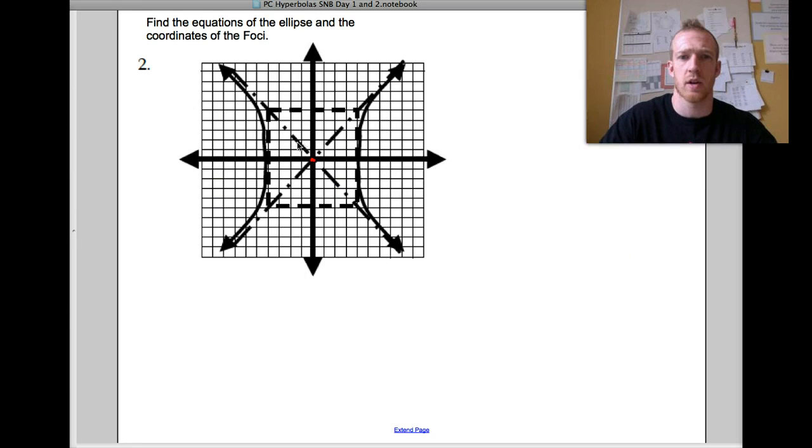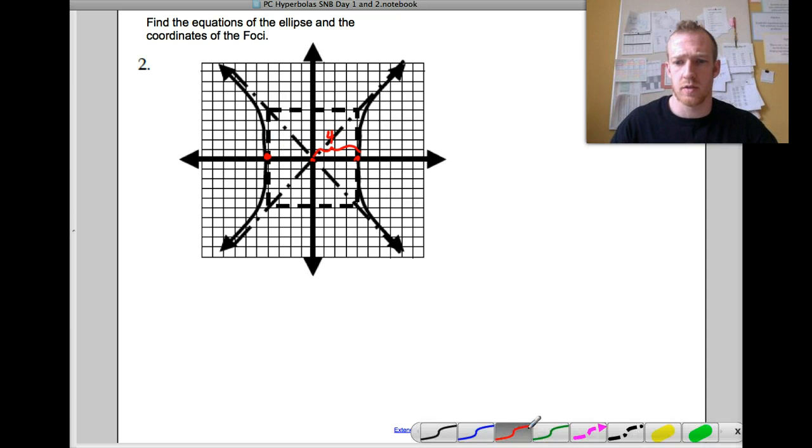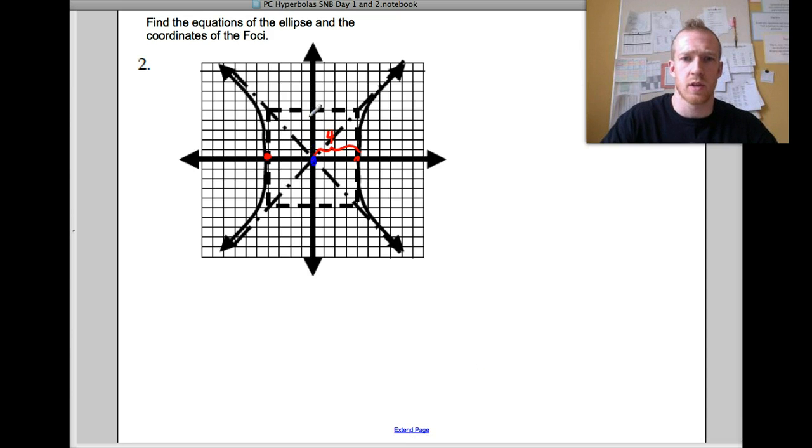They're c units away from the center. Alright, so let's check it out. This distance to our vertex, this distance is a. So this is a 4. And then the distance from the center to that other part of our box is b. And that is also 4. So we have a equals 4, b equals 4.